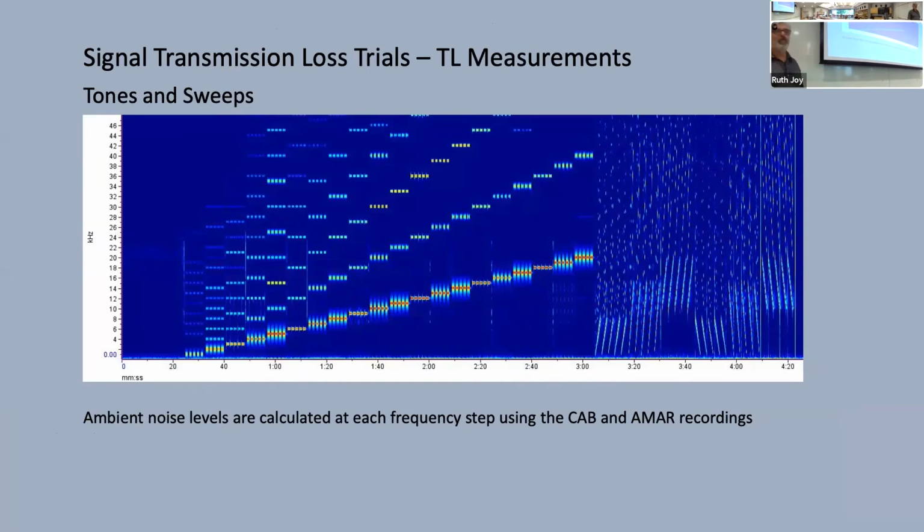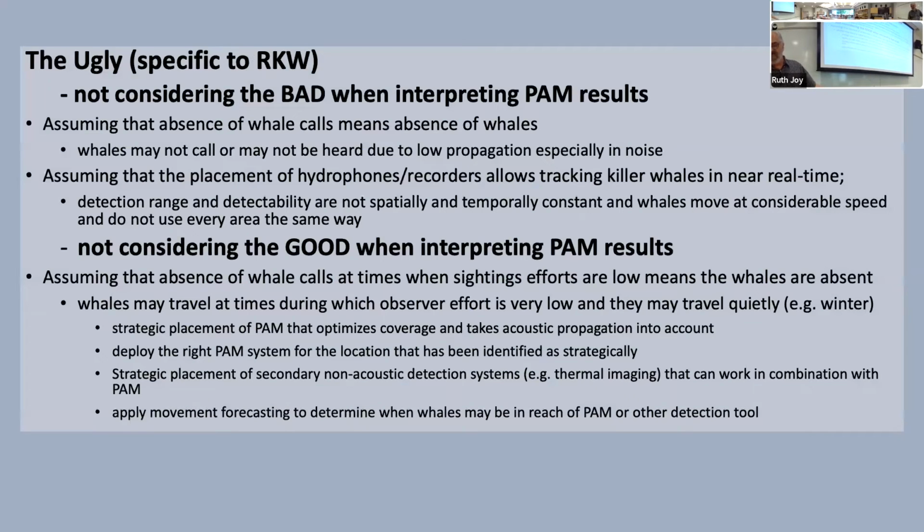This is what we actually use for measurements. Not the actual calls, but tones that we play at specific frequencies, plus buzz and sweeps. The tones tell us the exact source level at that particular frequency, and then we can determine the actual transmission losses at different distances.